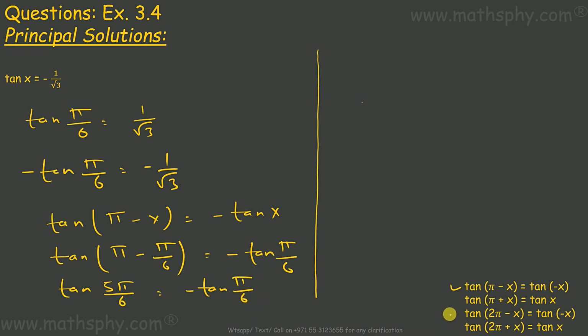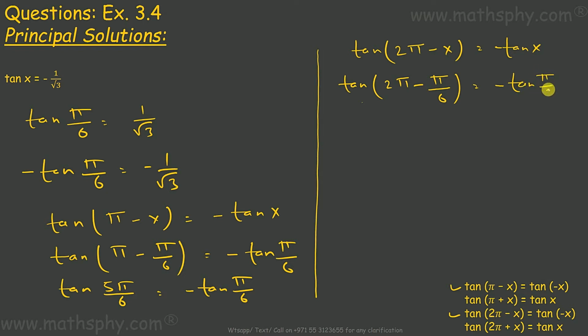Now I can use this formula where tan(2 pi minus x) equals minus tan x. So tan(2 pi minus pi over 6) equals negative tan pi over 6.